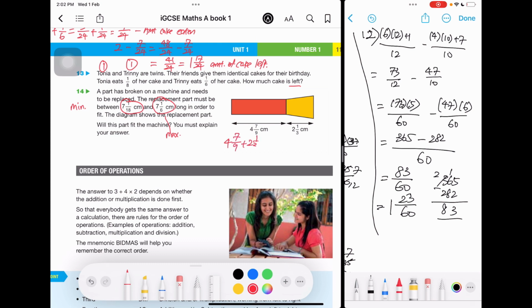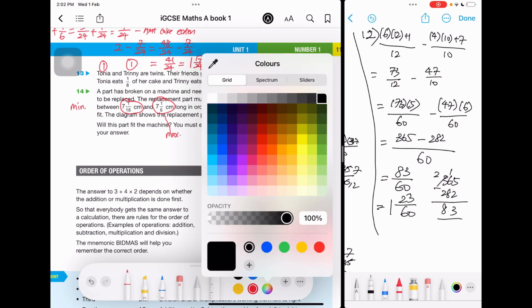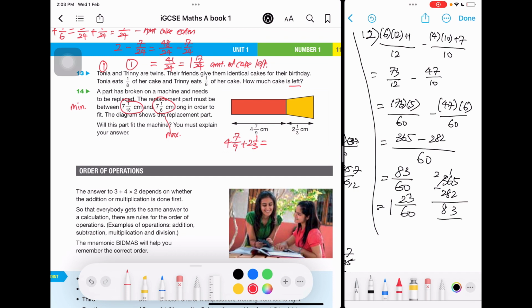First up, we are going to add 4 4/7 plus 2 1/3 together. Of course, with two mixed numbers, the first step will be to convert them to improper fractions. So 4 times 9 gives you 36, plus 7 gives you 43/9. Plus 2 times 3 gives you 6, plus 1, 7/3.